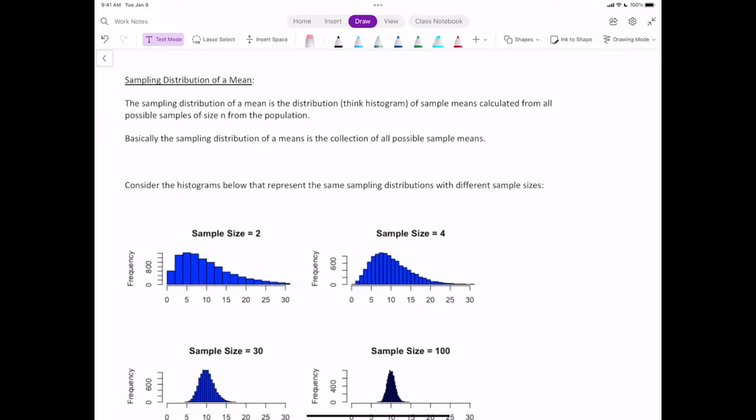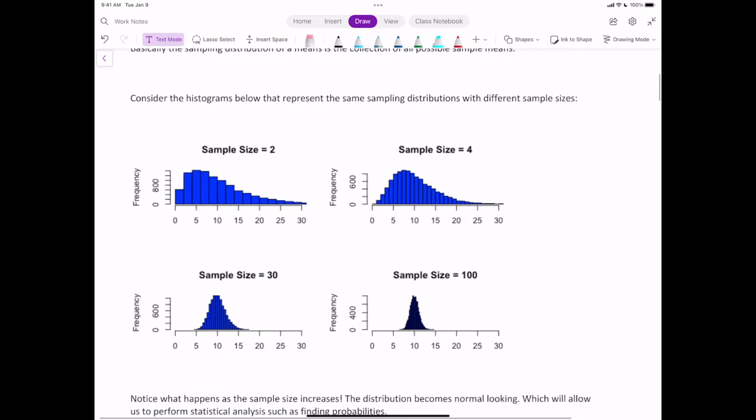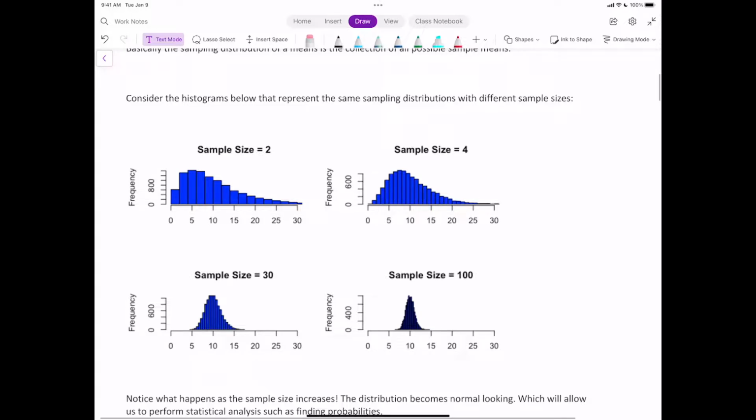What we want to see is what we saw before, so consider these histograms here. The central limit theorem says as the sample size increases, we're going to notice that our sampling distribution becomes approximately normal. With the histogram of size 2, we see a fairly right skewed distribution, right?